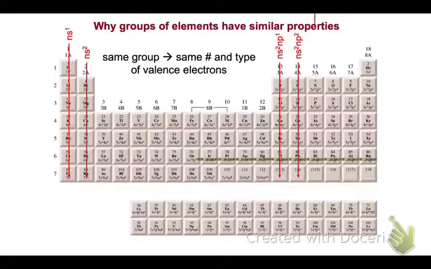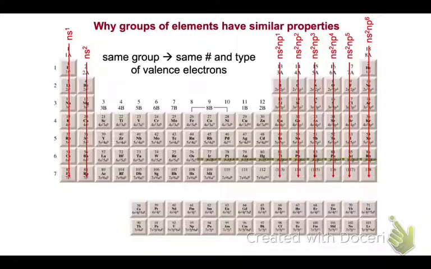Group 4A, ns2, np2. For group 5A, ns2, np3. Group 6A, ns2, np4. Group 7A, ns2, np5, and group 8A, ns2, np6. So for the B groups, the first will be d1, in the middle we're going to have d5, and then we're going to have d10.